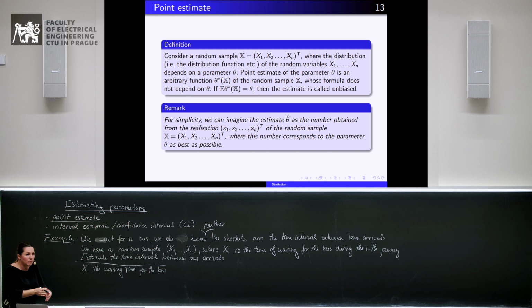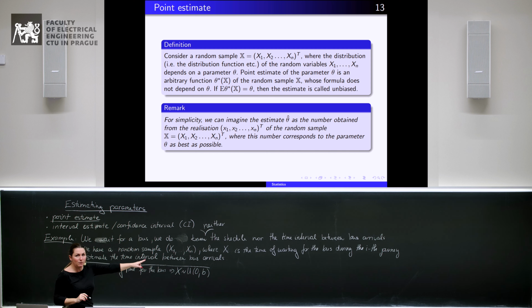We come to the bus stop and we are waiting for the bus. So x is the waiting time for the bus, and we know that x has uniform distribution where the lower boundary is known, it is 0, because it is the shortest time we can wait. But we don't know the upper boundary. And the upper boundary is, in fact, the time interval we want to estimate.